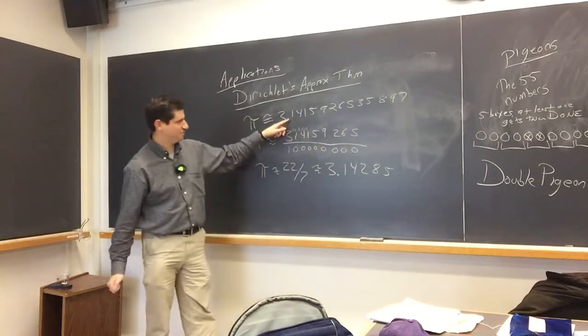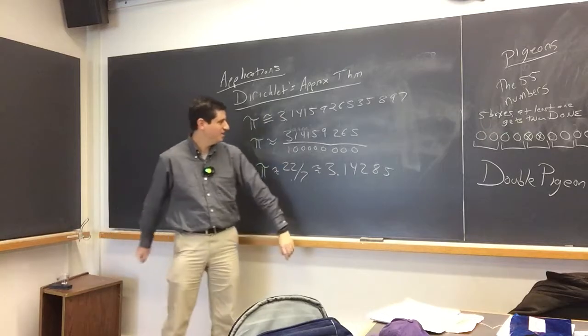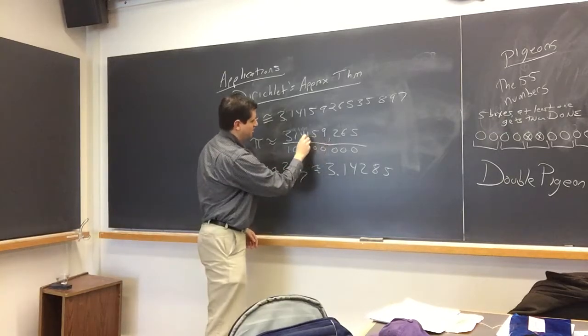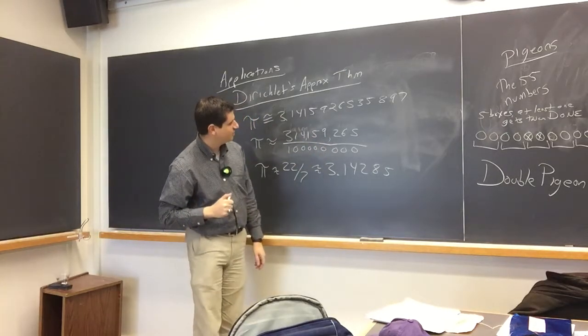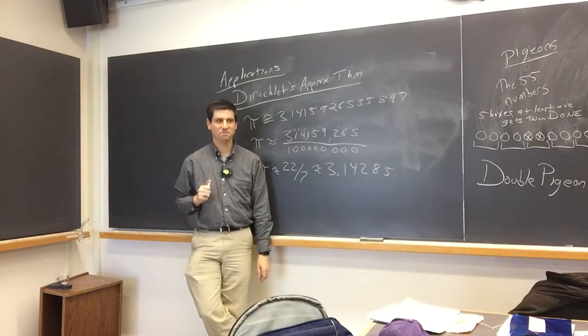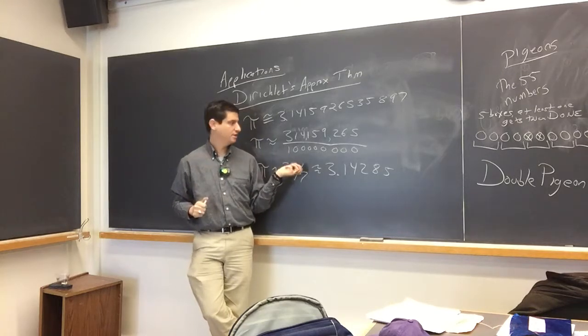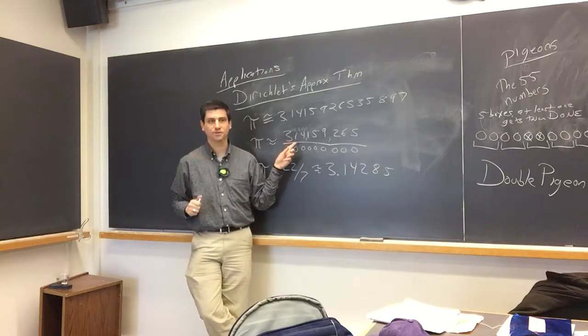That is a pretty good approximation. I can remember 22/7 a lot better than I can remember 314,159,265 over 100 million. And when you're working with things on a computer, these are much smaller numbers. But this is a better approximation.